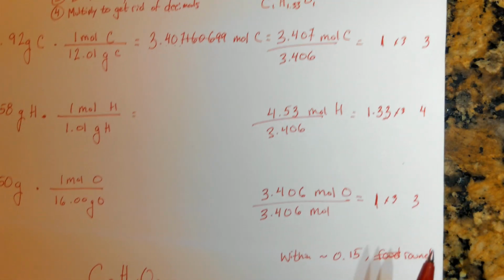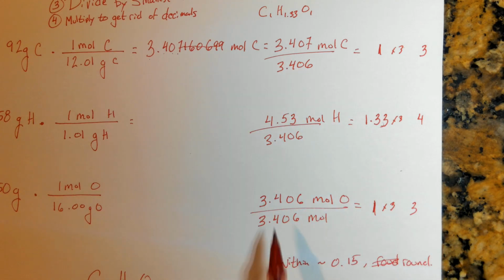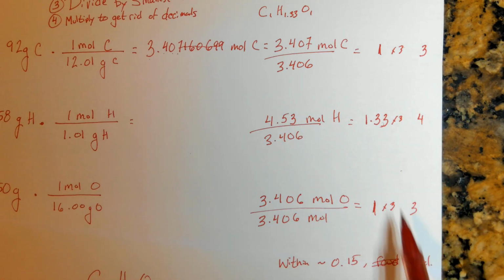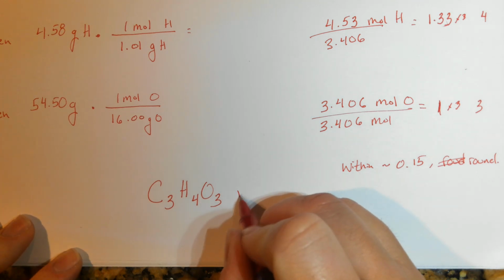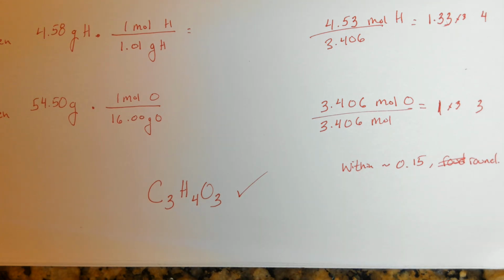You either didn't divide by the smallest number, or you multiplied by a number greater than what you needed to. But in our case, this does not reduce any further. And so we can say, yep, this is our empirical formula. Perfect.